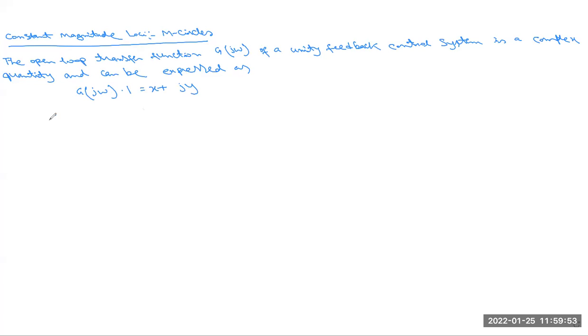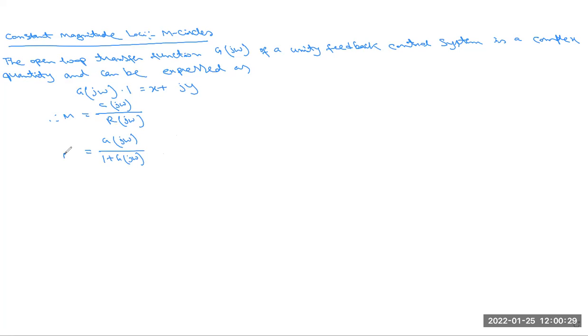And previously, in the just previous class, we learned the transfer function M equals the output of the system, C(j omega) by R(j omega), equals G(j omega) by 1 plus G(j omega) for the unity feedback system. Now we put the value of G(j omega) equal to this one into this equation.